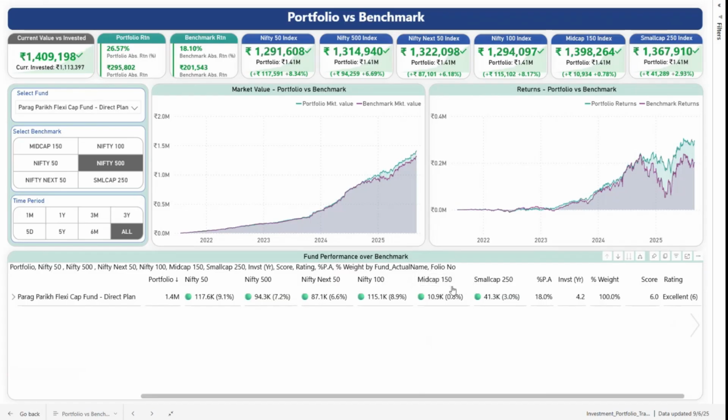But the only thing is you need to make sure that whatever fund you are choosing for comparison, let's say the Motilal midcap fund, that fund should have started early enough, or be old enough, to have NAV data.